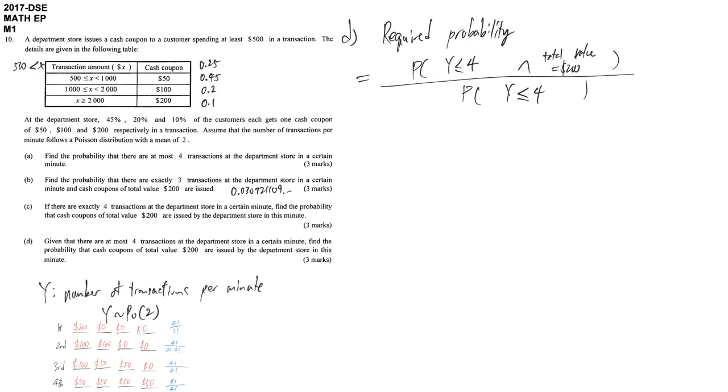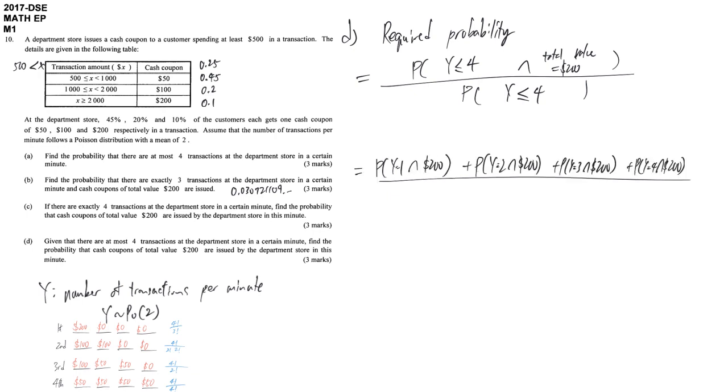It's not easy to handle the inequality in this condition, so we are going to separate it into different cases. The first case, Y is equal to 0, at the same time total value equal to 200. But that's nonsense, because with no customer, how can we give the coupon? So we have 4 different cases that may fulfill the requirement.